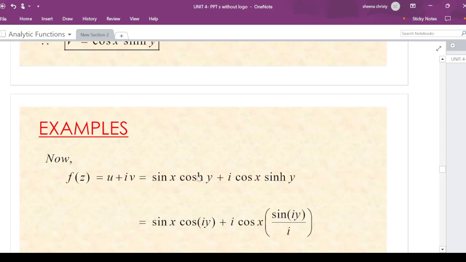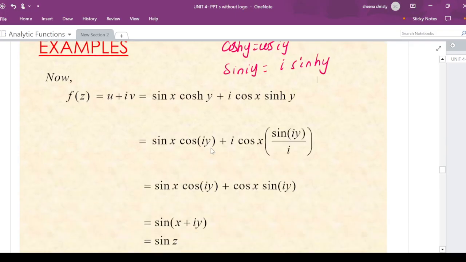You can make a note of it. Cos hyperbolic y is cos iy, and sin iy is equal to i sin hyperbolic y. So by making use of these two formulas, you can rewrite it like this. Now here cos of iy sin x plus cos x into sin iy.